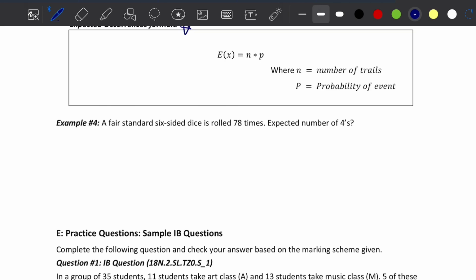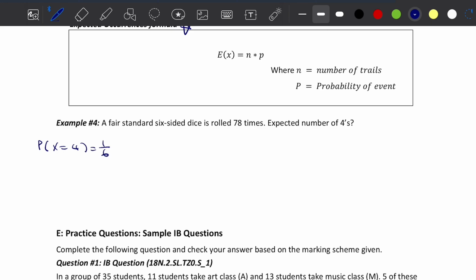So if you look at example number 4, a standard 6-sided die is rolled 78 times. We need to calculate the expected number of 4s out of 78 rolls. Rolling a 4 on a die has a probability of 1 over 6. We know this, right?